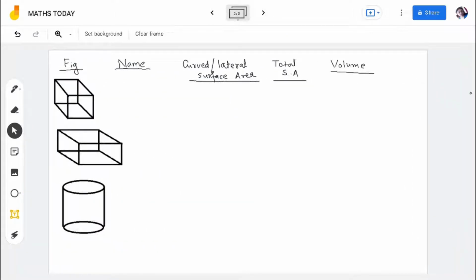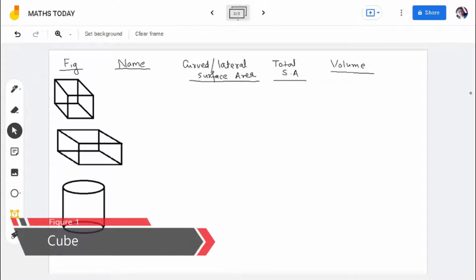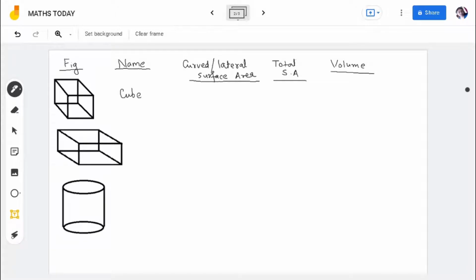So here on the screen you can see that there are three figures I have drawn here. The very first figure is known as cube. Let me write the name here. So the name of this figure is cube. So what is special about this figure?